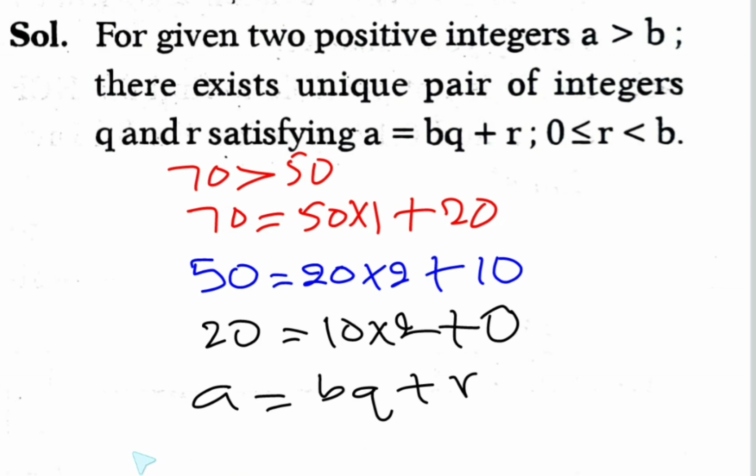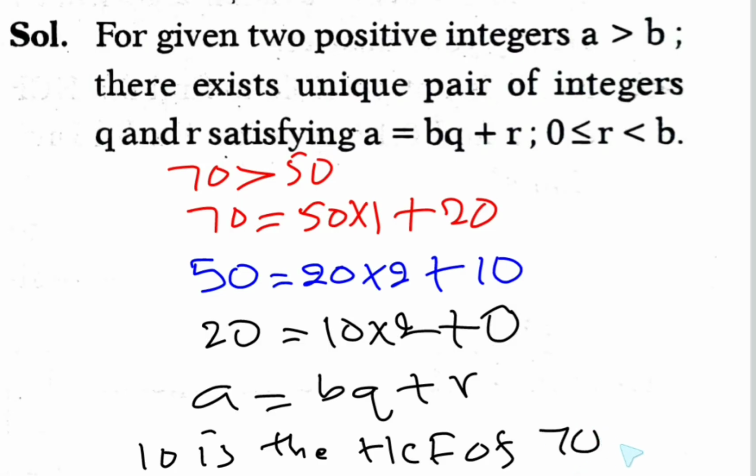Therefore, here the remainder is 0, then 10 is the HCF of 70 and 50.